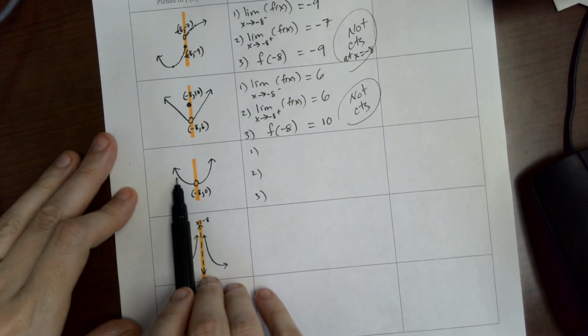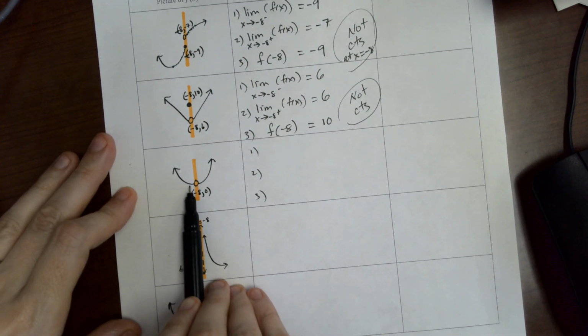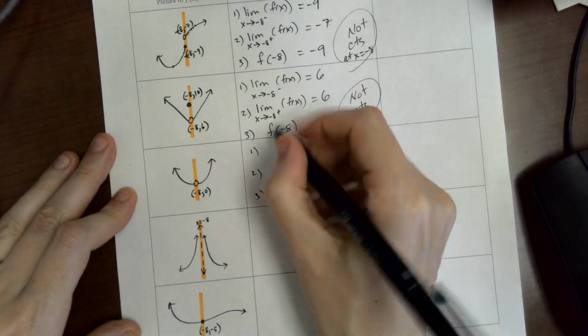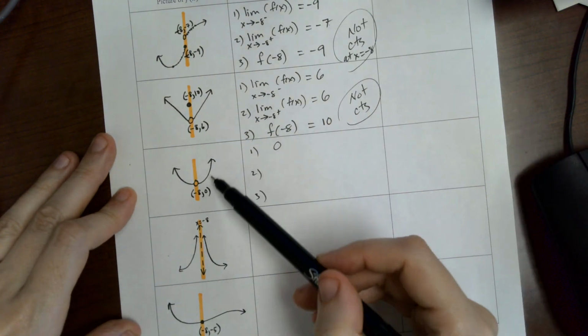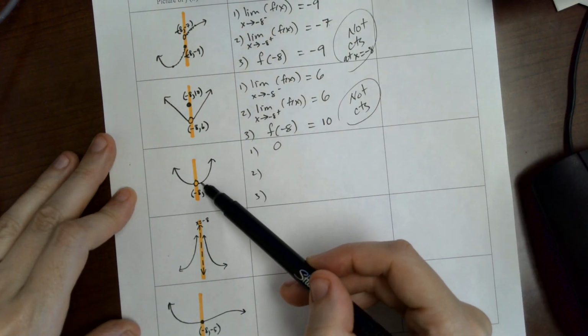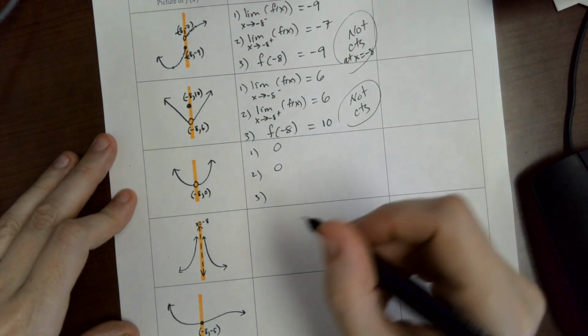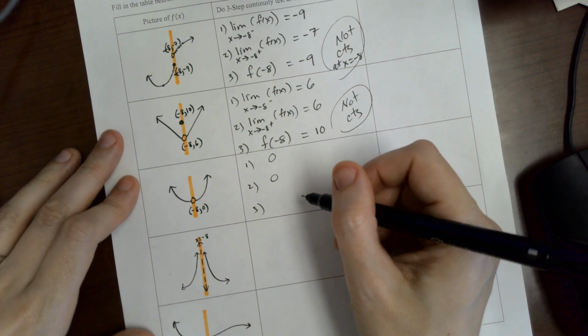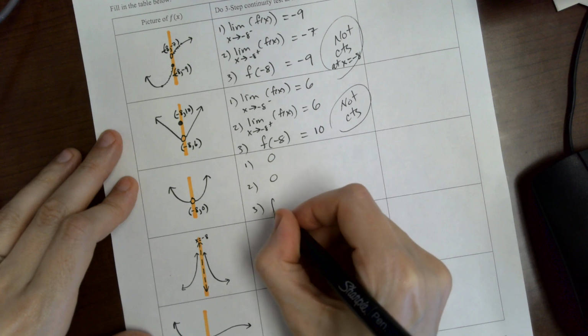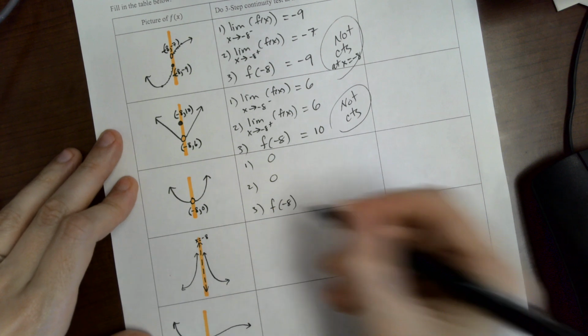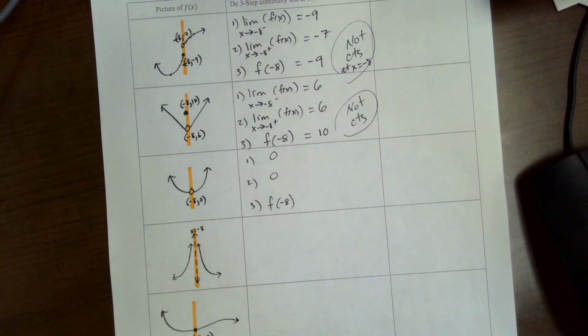Approaching the wall from the left, it looks like we're going to hit the wall at 0. And approaching from the right, again, hitting the wall at 0. Now for number 3, this is where we need to look at f of -8. So you're looking for a closed circle.